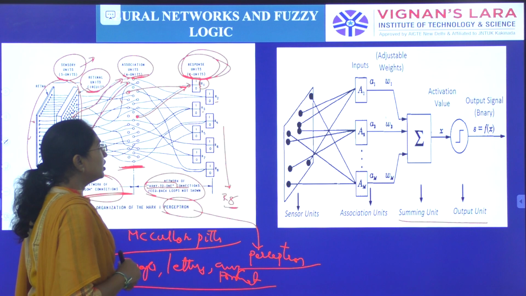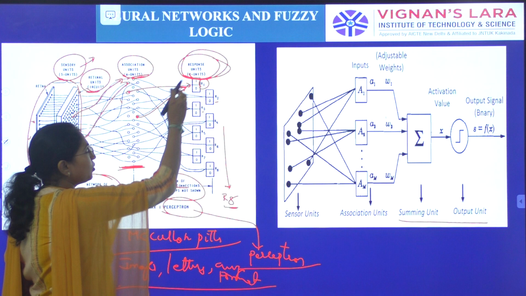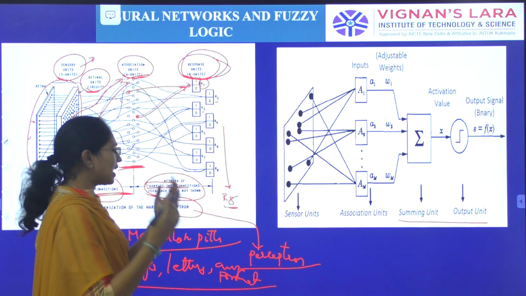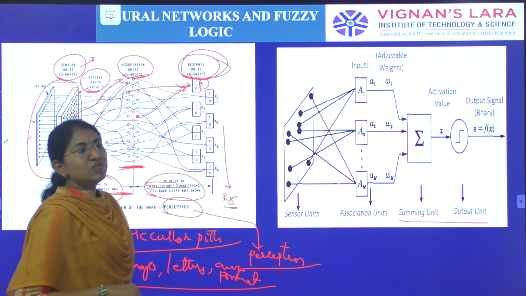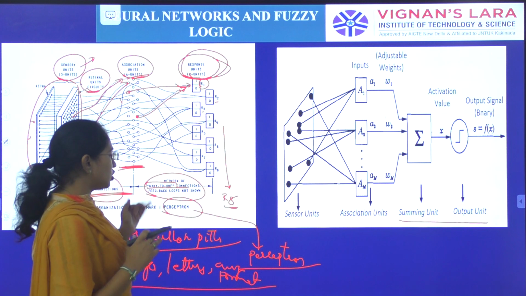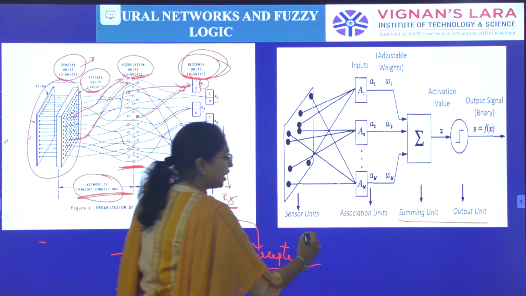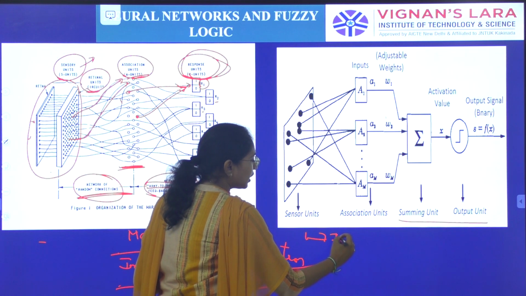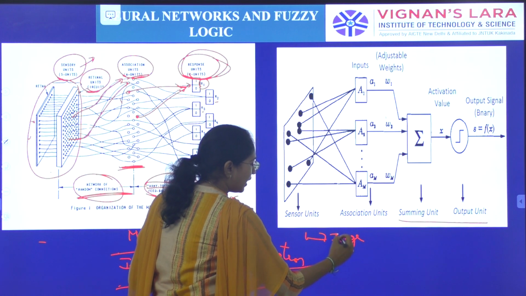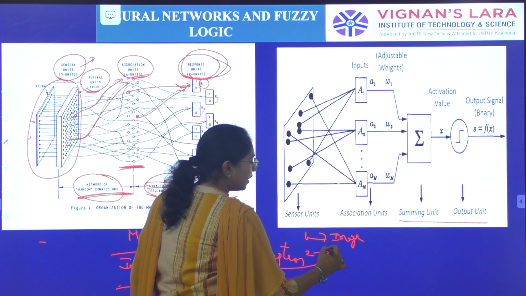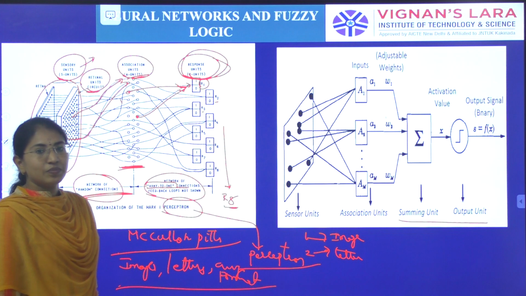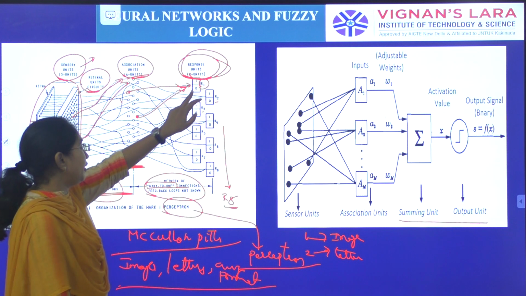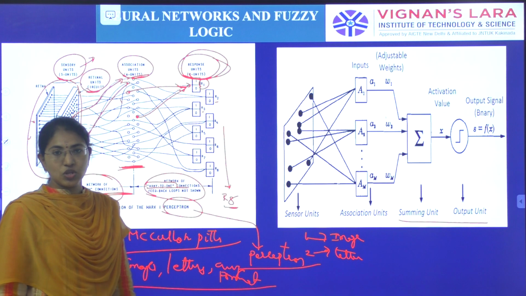Let us consider we are sending 2 inputs to the response unit, and the basic format of the 2 inputs is that one can be an image and the second input can be some letter format. Both the inputs are fed to the first response unit.